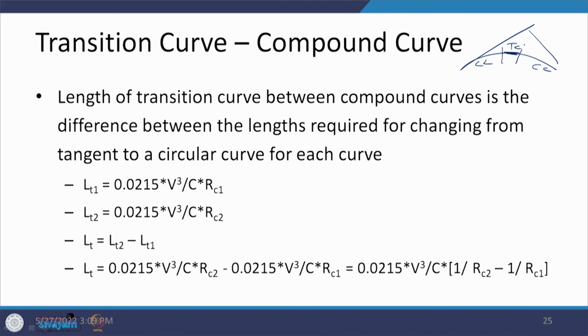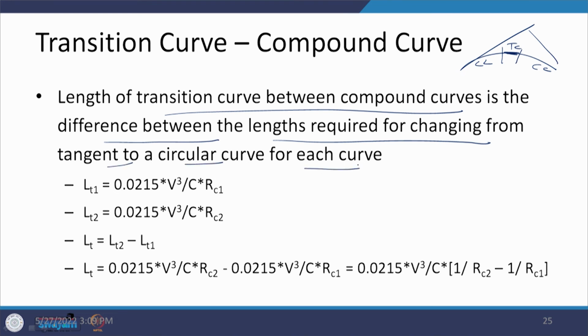So, when you are looking at this, the length of the transition curve between the compound curves is nothing but the difference between the lengths required for changing from tangent to circular curve for each type of curve. So, we have a length required for TC from curve 1 and curve 2, L1 and L2, and the difference of these two is going to give us the length which needs to be provided.